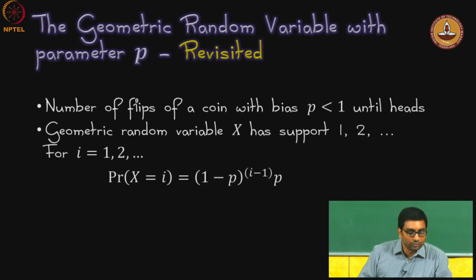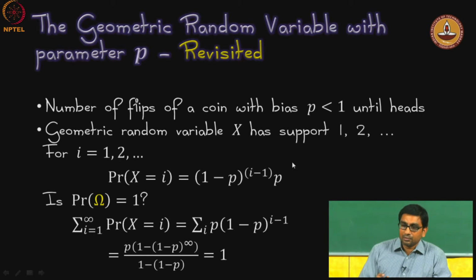So for i equal to values ranging from 1 onwards, what is the probability that the random variable x takes the value i? That means the previous i minus 1 flips must have been tails, and that is why you have (1 minus p), the probability that you get a tails, raised to the power i minus 1, followed by the probability p that you get a heads. So this is the formal definition of the geometric random variable.